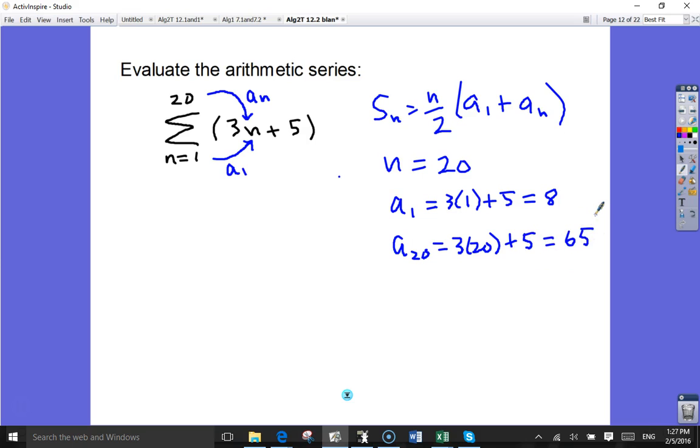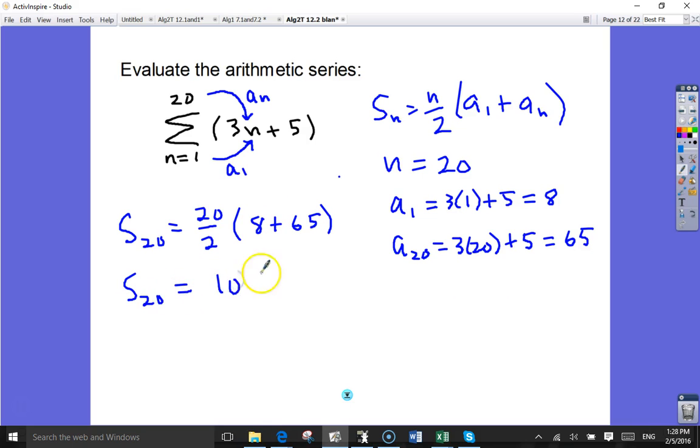So now I have everything I need to plug in that formula. Right? S20 equals 20 divided by 2 times 8 plus 65. S20 equals 10 times 73.